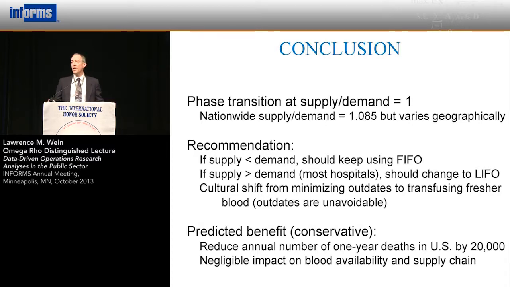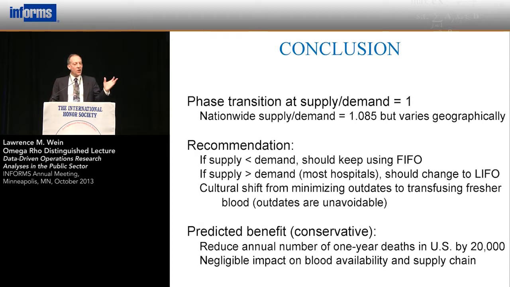The average excess supply in the country is something like 8%. So the punchline of this paper is that if supply is less than demand, like it is in New York City, keep using FIFO, but if supply is bigger than demand, like it might be in Oklahoma, switch over to using LIFO.